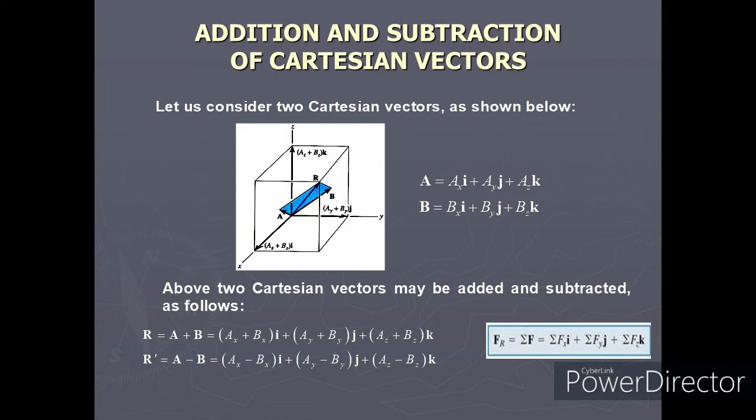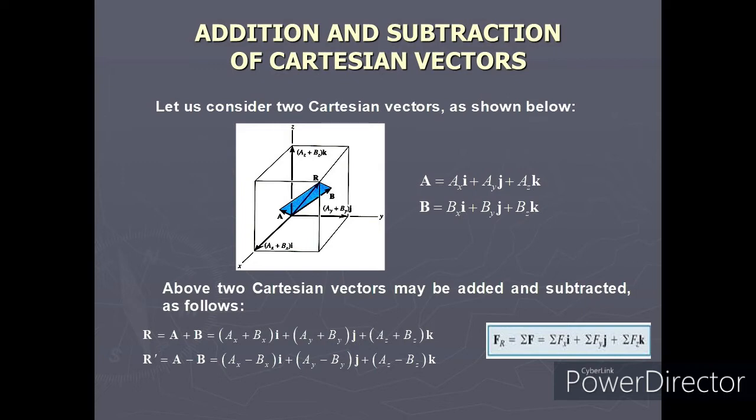Now, addition and subtraction of Cartesian vectors. It's similar to the 2D problem, in which when you have A and B expressed in Cartesian vector forms, the resultant is A plus B. So we simply add them up together, using like terms: the coefficients of i's together, j's together, and k's together.